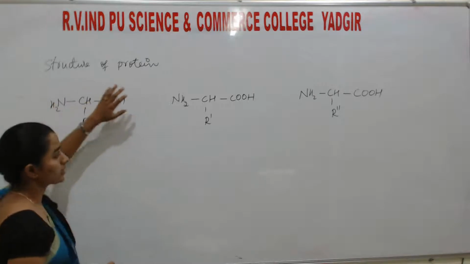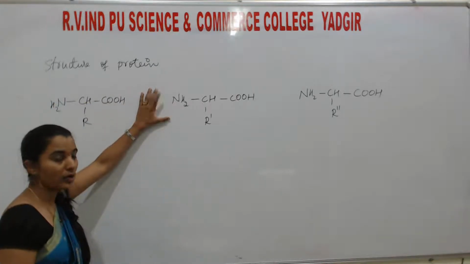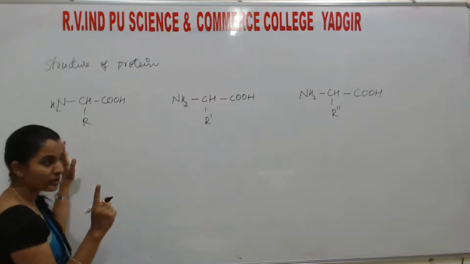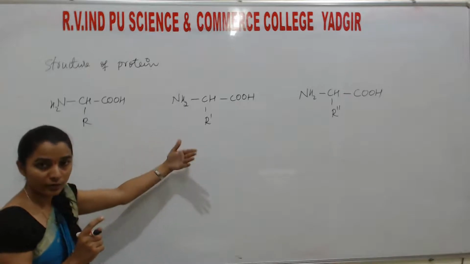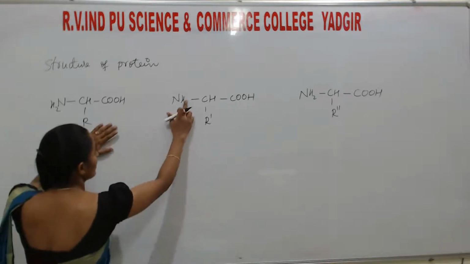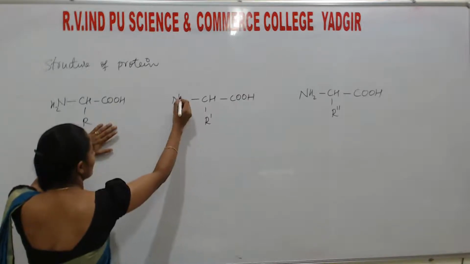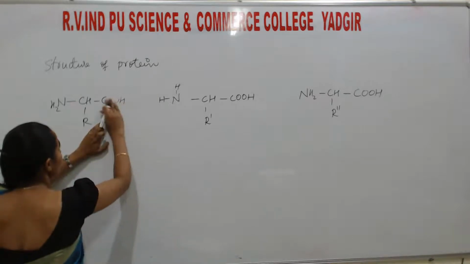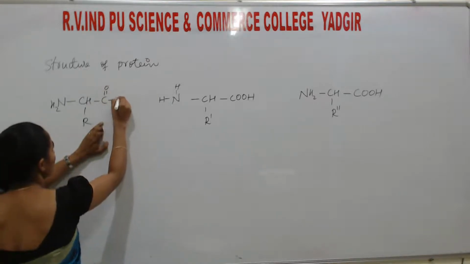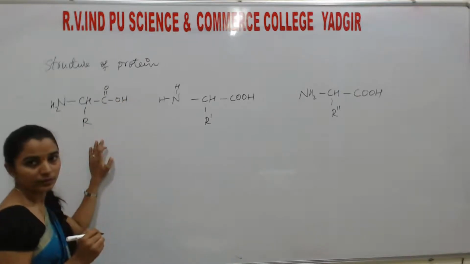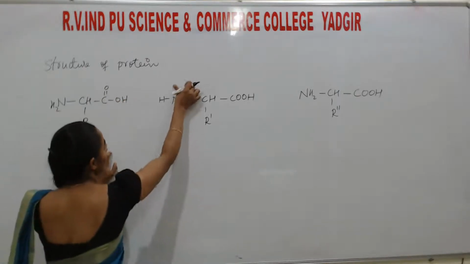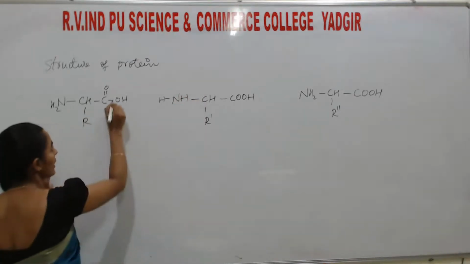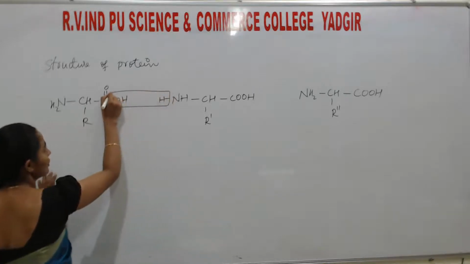So students, these alpha amino acids are all monomers. They form polymers. These are all monomers in single units, and they form polymers with so many units repeating. When they form, listen, here NH2 is written as NH and H. Correct? And C double bond O, OH is written like this. By observing, you can easily say there is a removal of a water molecule.